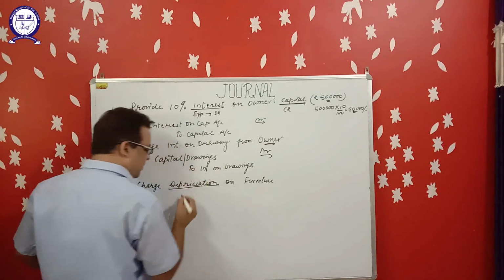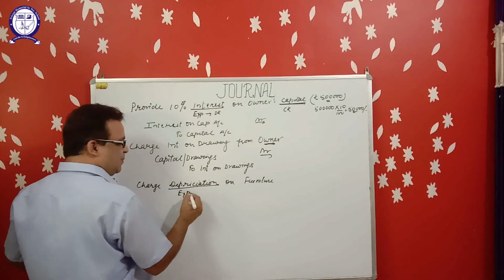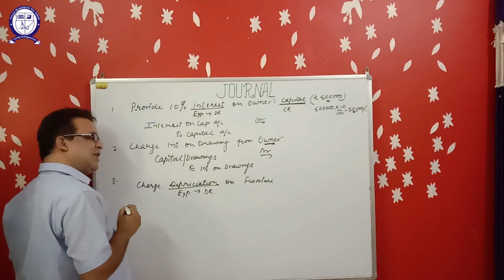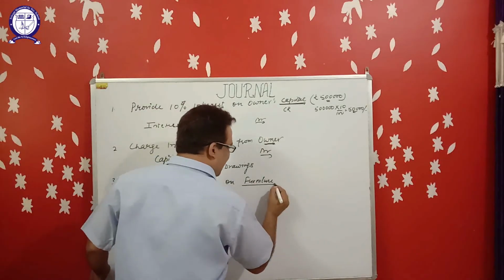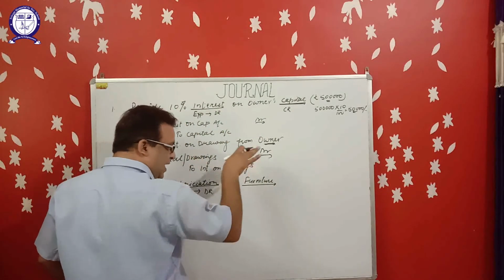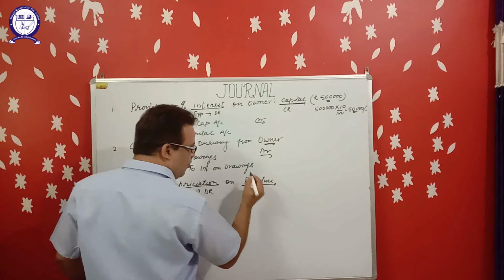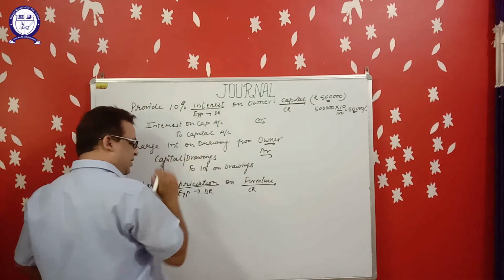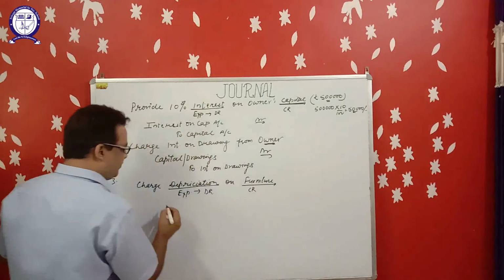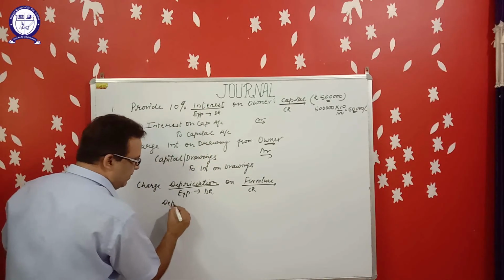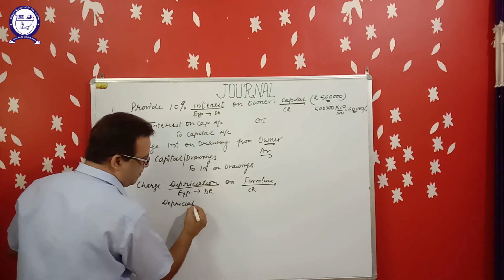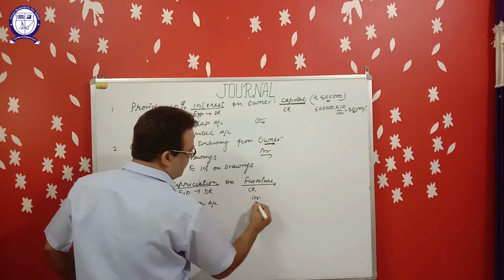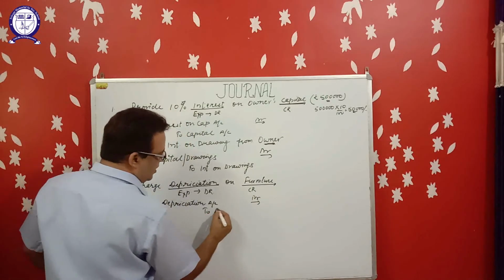Depreciation is a loss or expense for the business. This is always debited. Now the balance of furniture is reducing. The value of furniture is reducing. That's why this account will be credited. The journal entry will be depreciation account debit to furniture account.